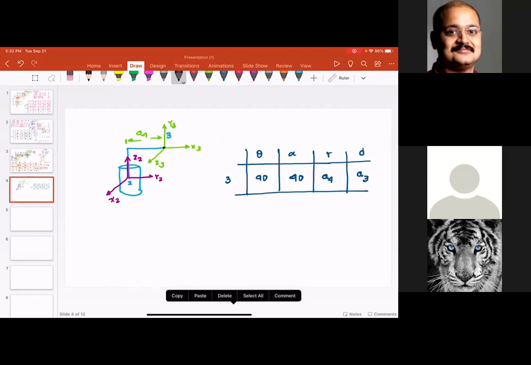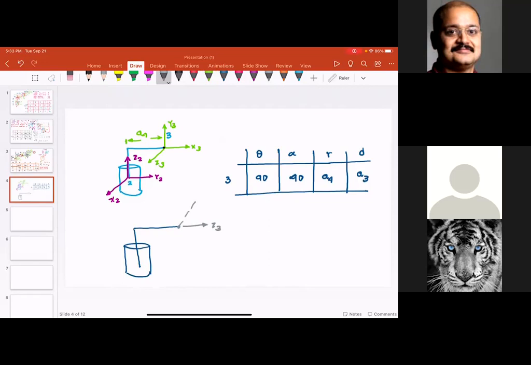Some of you may ask me, what happens if I draw the frame something like this? Clearly, the end effector is not an articulation joint. So you can show this as Z3. The only thing is you need to make sure that the condition for X3 is satisfied.